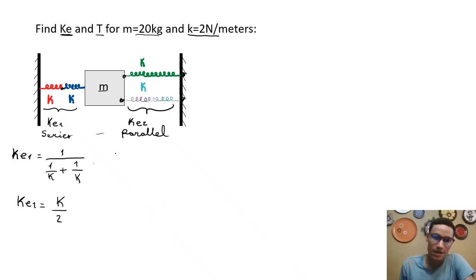It's much simpler because you just have to sum the value of the constants. So we have 2K, K plus K. So we have our first simplification of the system.